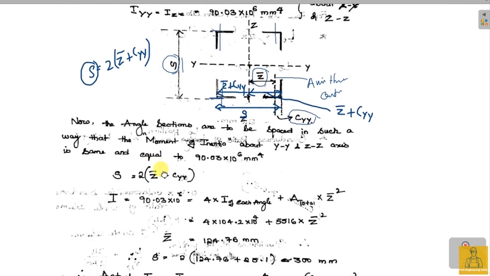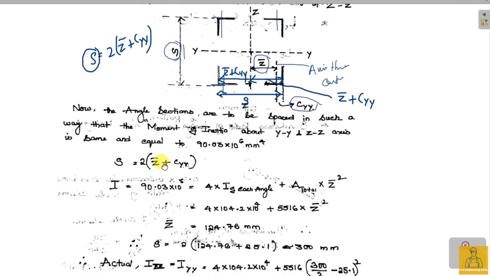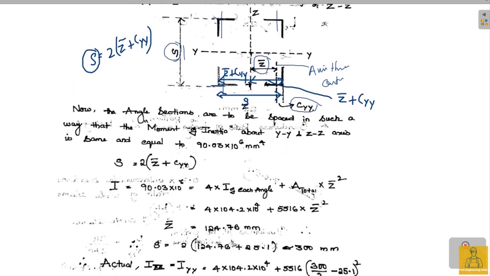Let me just go through that for you. We have found out the moment of inertia about YY and about ZZ. It is going to be the same, right? We are placing these angle sections in such a way that this length is equal to S and this length is also S. This is going to form a built-up section with a square cross section.